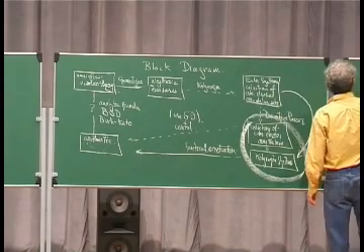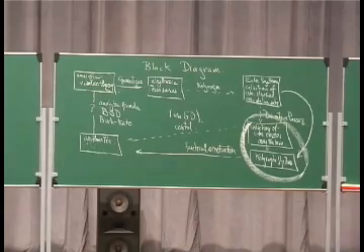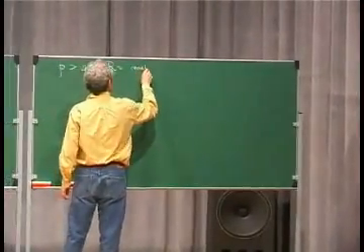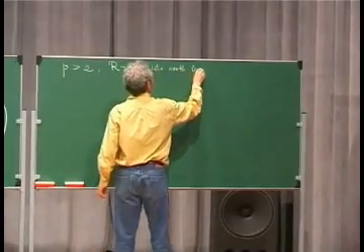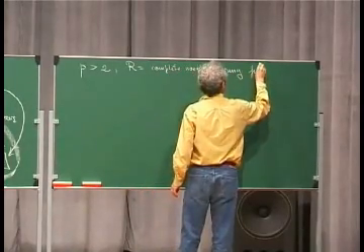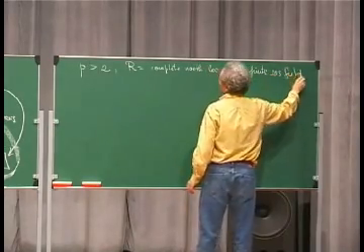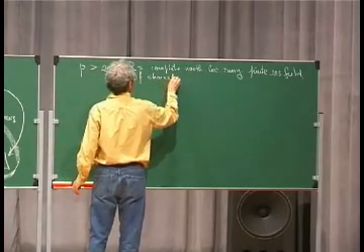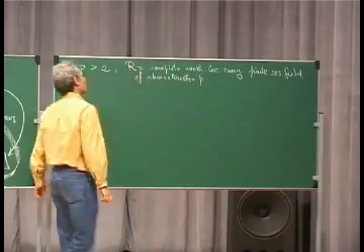Okay, so let p be a prime. I'll assume that it's greater than 2. Let's let R be a complete Noetherian local ring with a finite residue field of characteristic p.